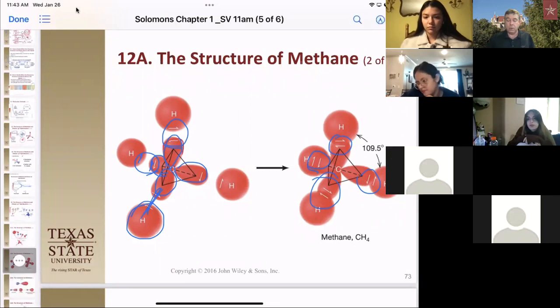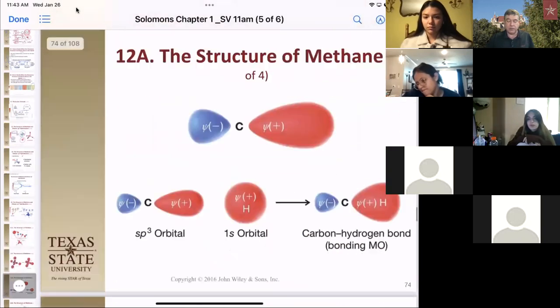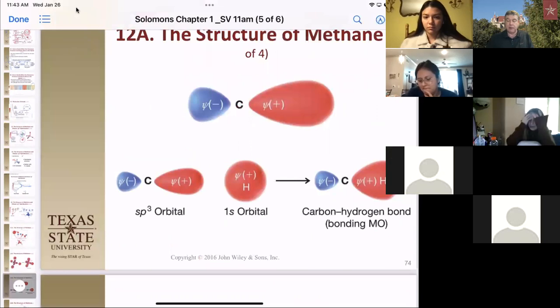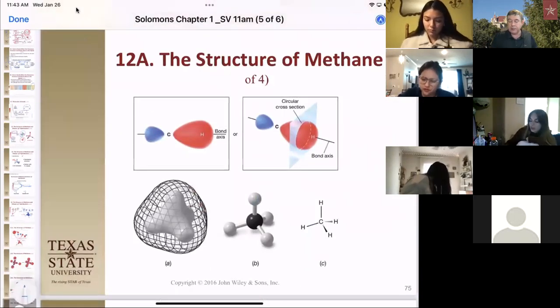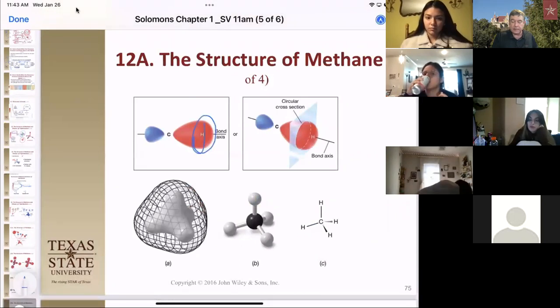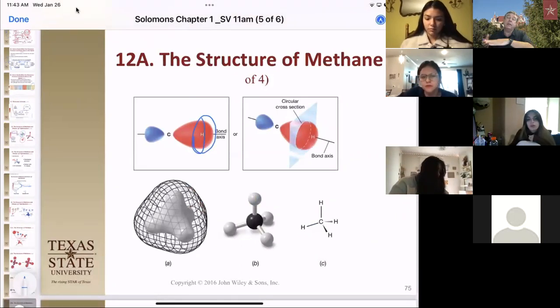Okay, so we've made 4 sigma bonds. But how do we do it when we have something other than that? If we have a carbon next to another carbon, we can have those hybrid orbitals bond to each other.